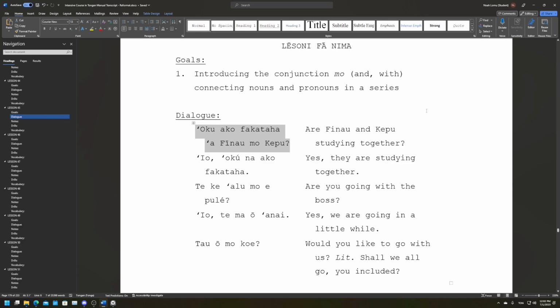So the dialogue is o ko ako whakataha whina mo kepu. Mhm. Io, kuna ako whakataha. Mhm.